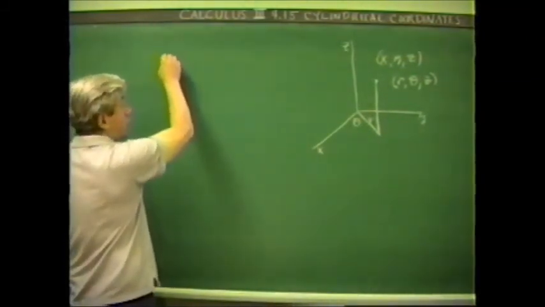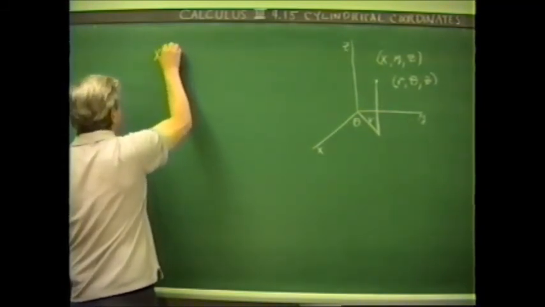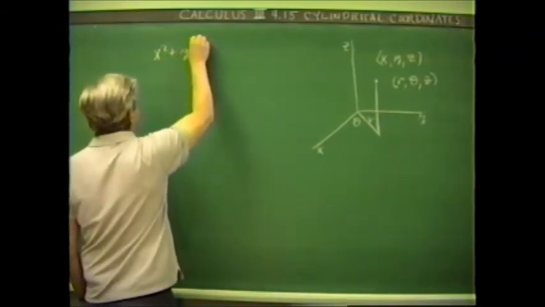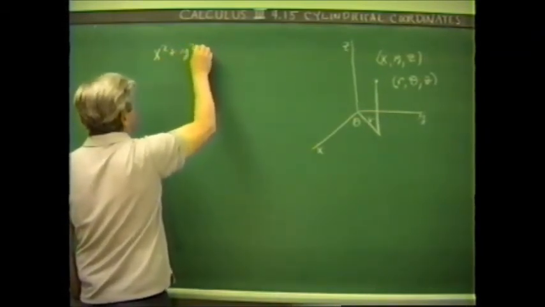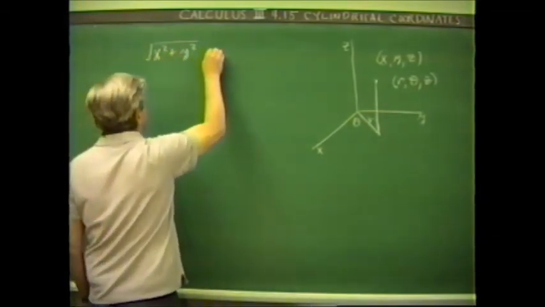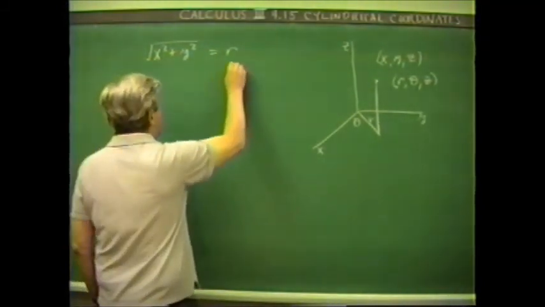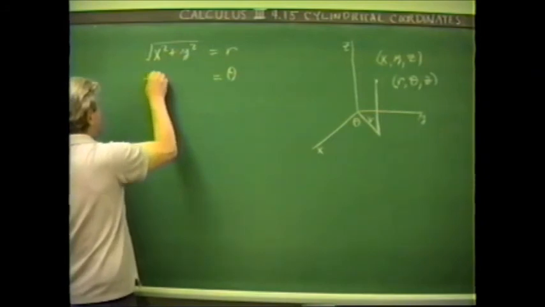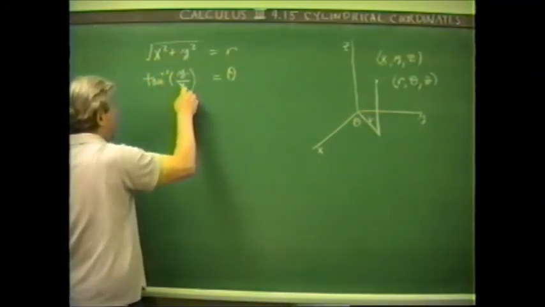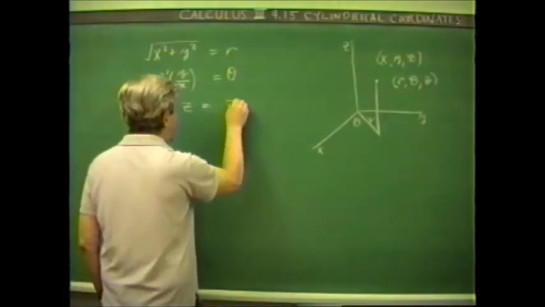And so consequently, what have we got here? If we know x, y, and z, the square root of x squared plus y squared is going to be equal to r. Theta is going to be the angle whose tangent is y over x. So if we know x, y, and z, we can get theta. And of course, z is going to be equal to z.